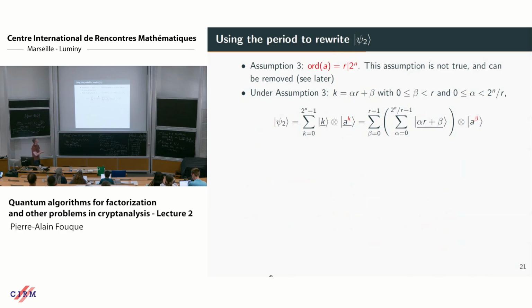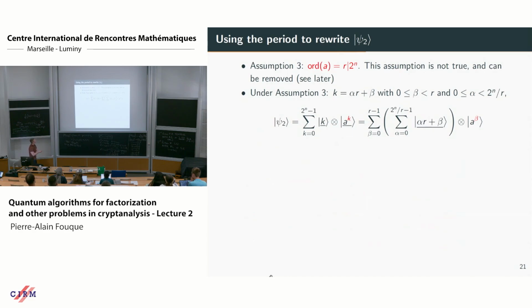Now I can write a to the k by replacing k with this expression. Since r is the order of a, a to the r is equal to 1, and if I raise this to the power alpha, it remains the same. So at this point, it is exactly the same as a to the beta mod n.